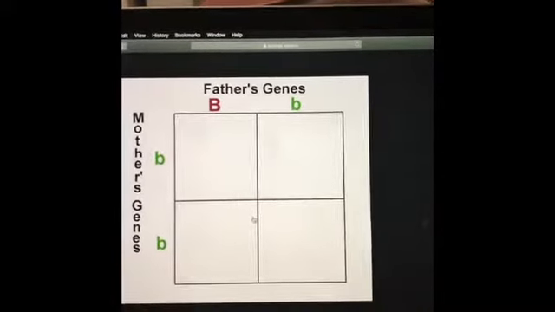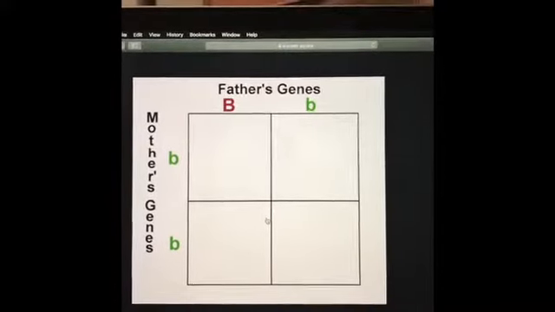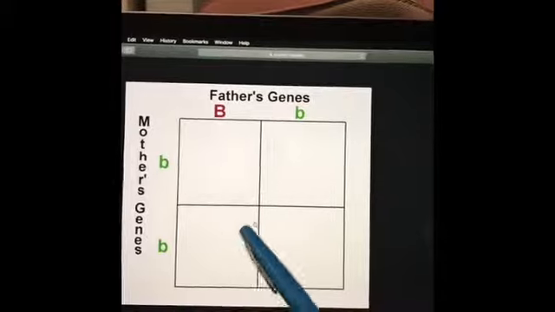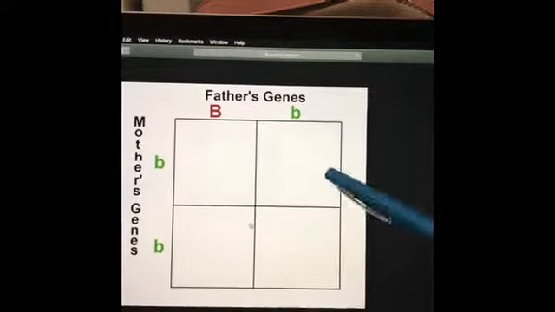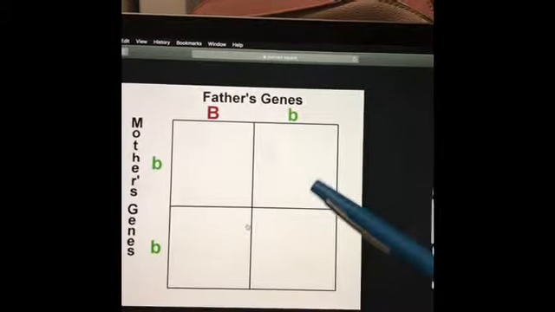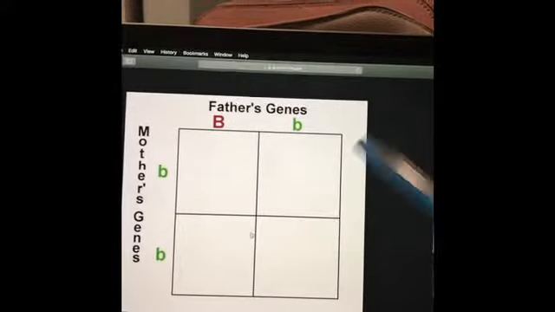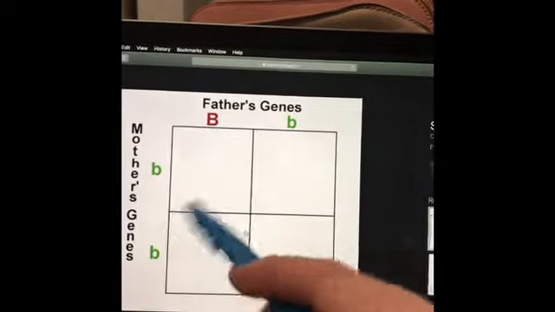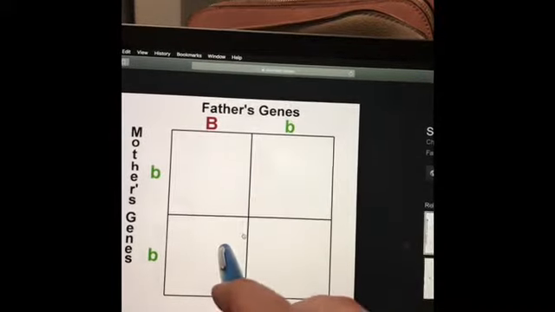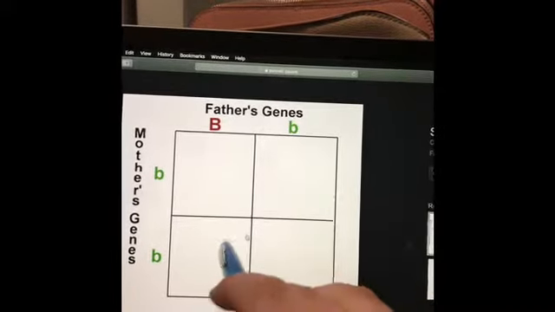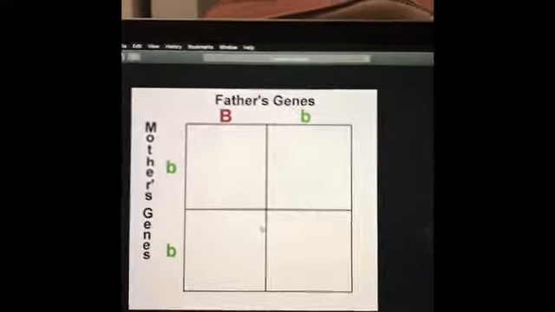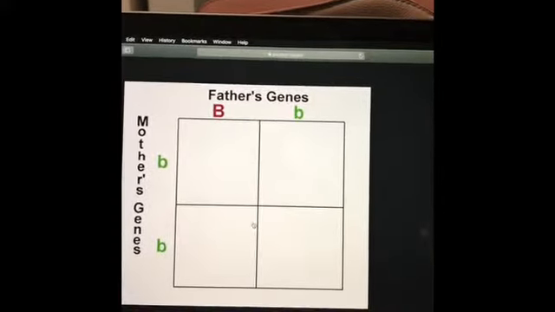So your phenotype would be a 2 to 2 ratio because you'd have 2 with the dominant allele and 2 with both non-dominants. And then your genotype would also be a 2 to 2 ratio because you'd have 2 with a dominant B, lowercase b, and 2 with 2 non-dominant lowercase b's.